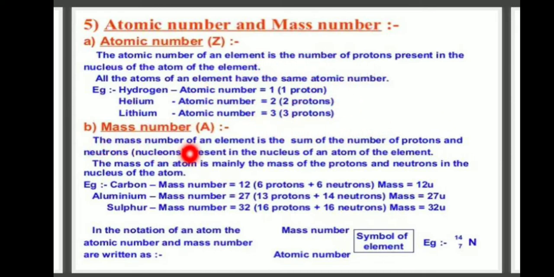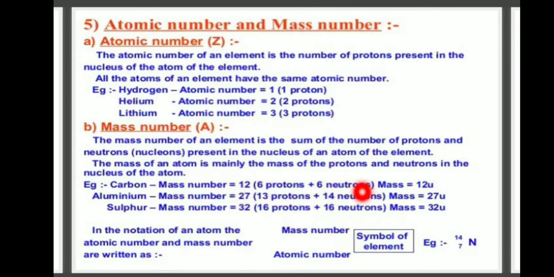The next one, mass number, symbol A. The mass number of an element is the sum of the number of protons and neutrons present in the nucleus of an atom of the element. The mass of an atom is mainly the mass of the protons and neutrons in the nucleus. For example, carbon, mass number 12, 6 protons plus 6 neutrons, totally 12.